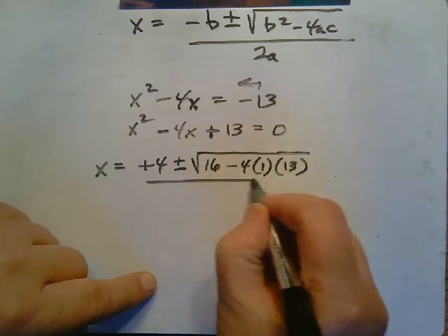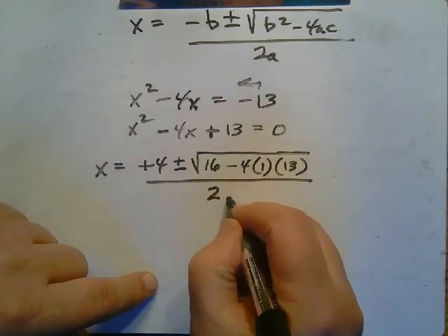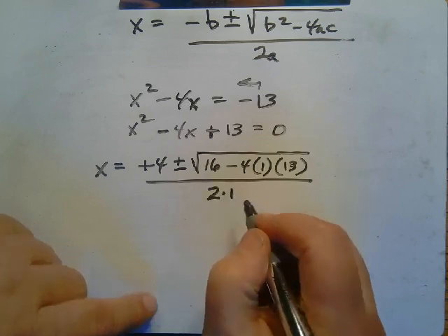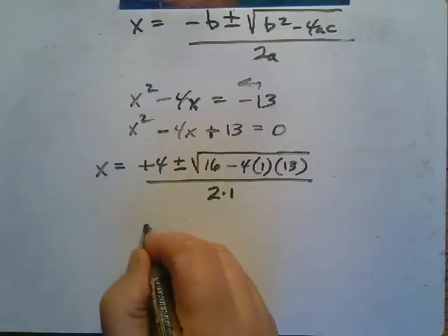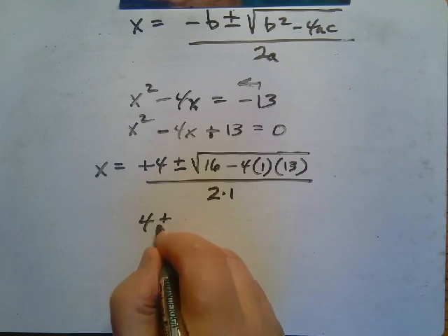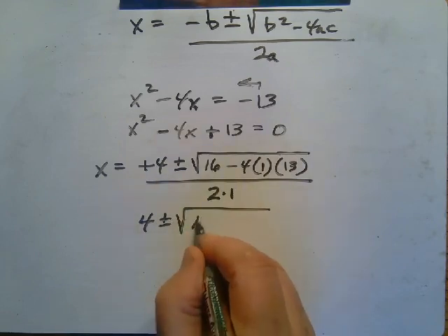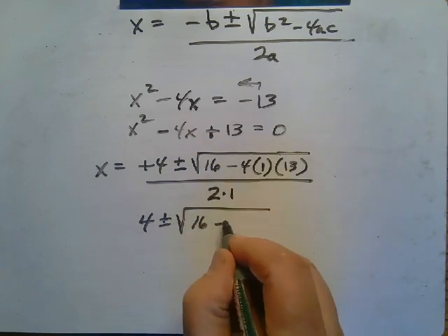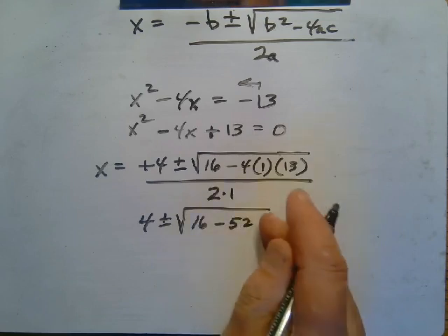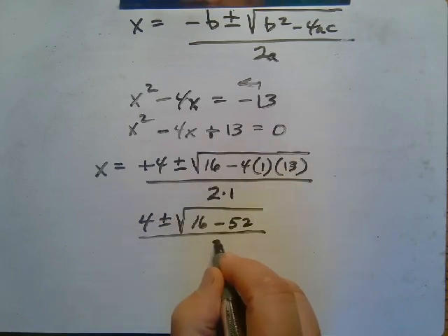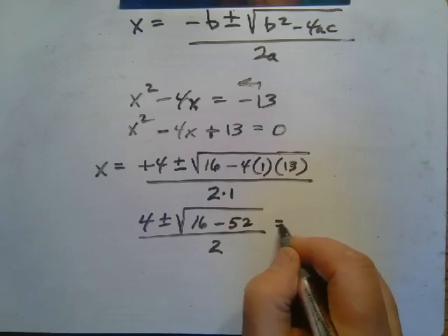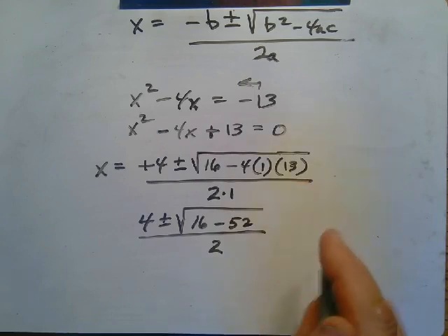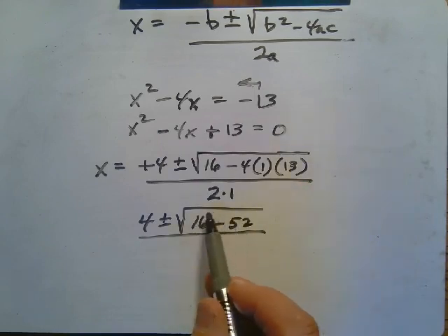All over 2 times a, and a is 1. 2 times a. All right? Well, let's see what we got. We got 4 plus or minus the square root of 16, and this is minus 52, all over 2. Now what you see happening here now is that we've got a negative under the radical.